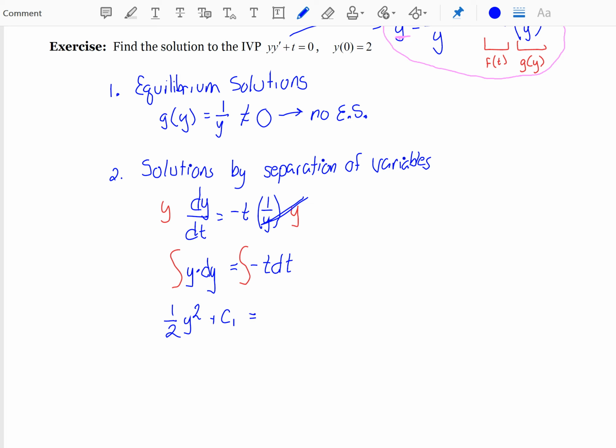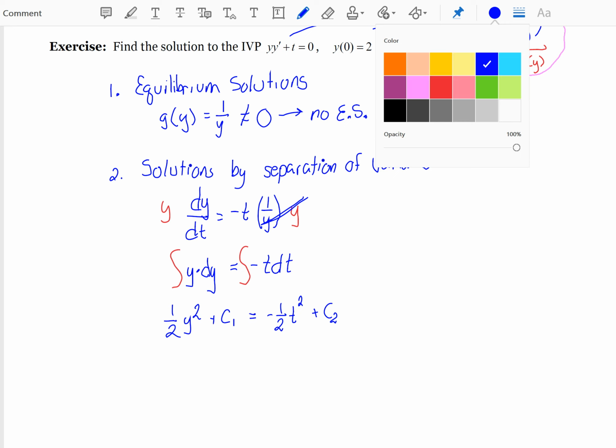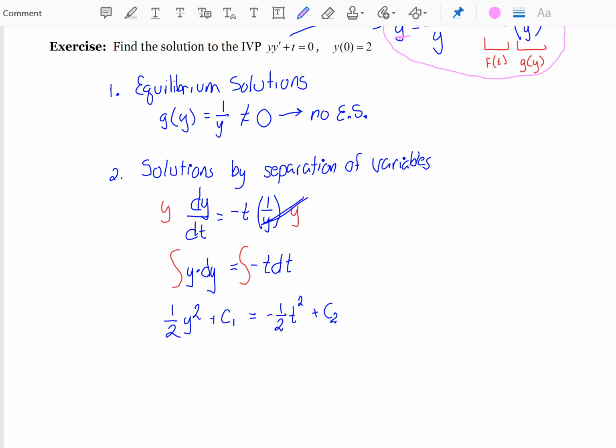The right-hand side, the antiderivative of negative t would be negative 1/2 t squared. And again, this is an indefinite integral, so another constant. However, you'll recognize from our last problem that we wanted to then solve for y, so we end up combining these two constants into a new constant, which I called C3. However, in this example, I'm not going to keep labeling these C1, C2, C3.